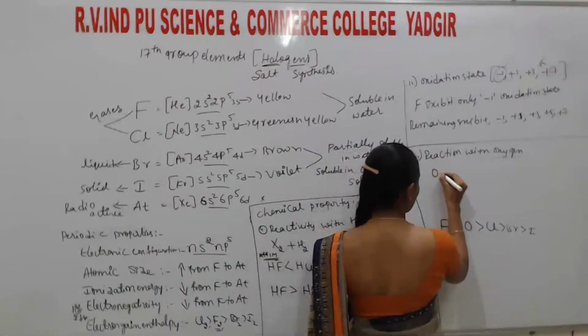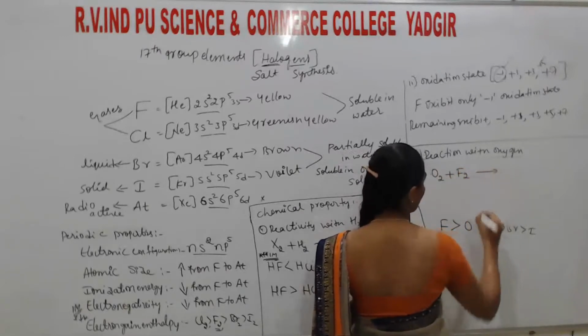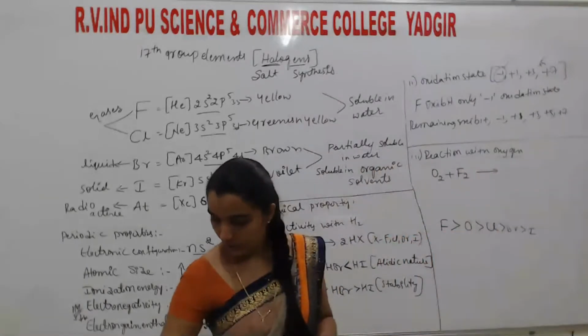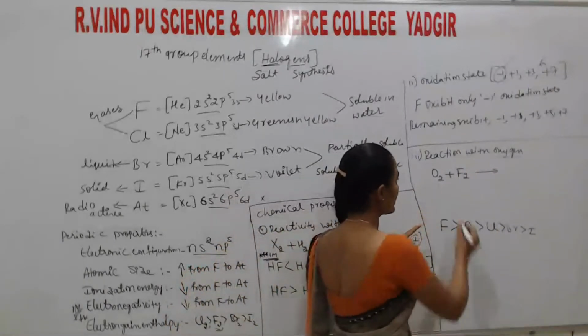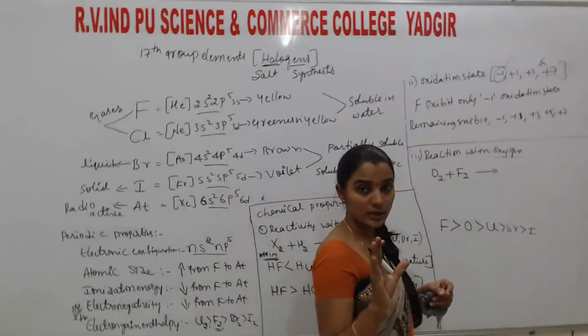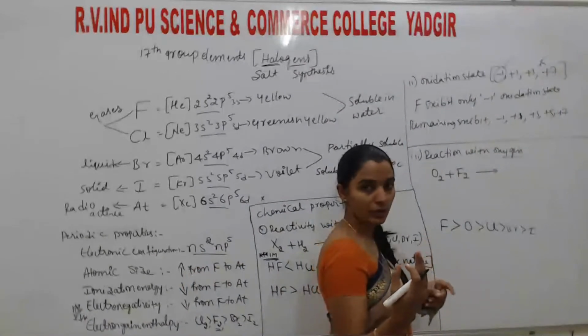If oxygen reacts with fluorine, oxygen normally has minus 2 oxidation state, or it can have plus 4, plus 2 also, plus 2, minus 2, plus 4, you know that.